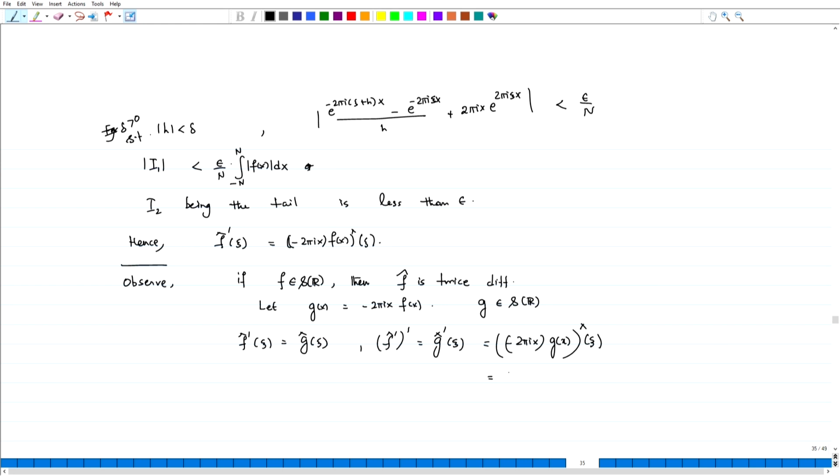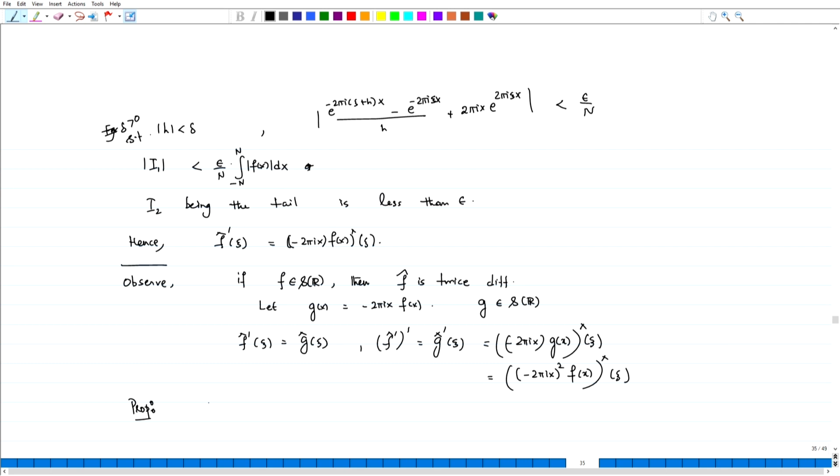Now, this is equal to the Fourier transform of minus 2 pi i x squared f of x at xi. So, we can continue inductively. What we can get, as a matter of fact, we will write as another proposition.